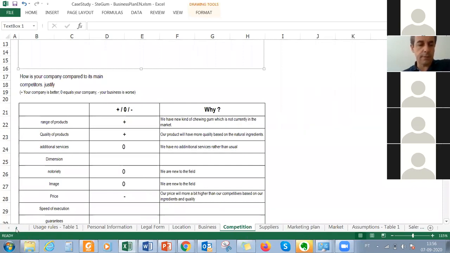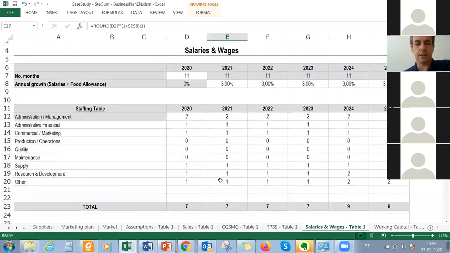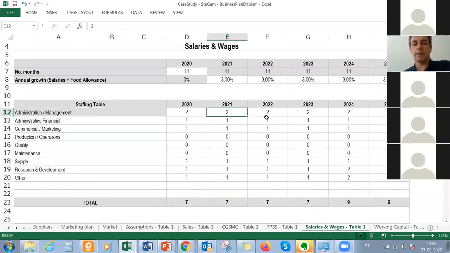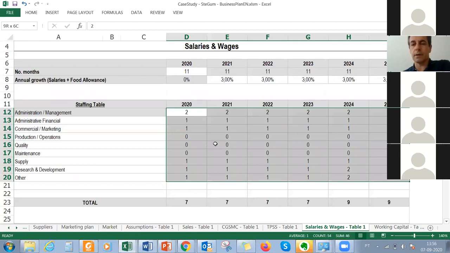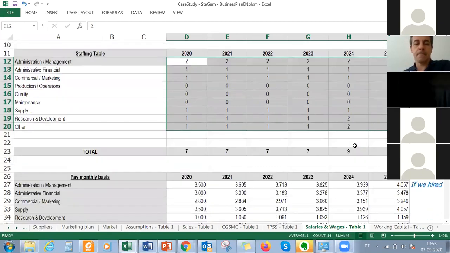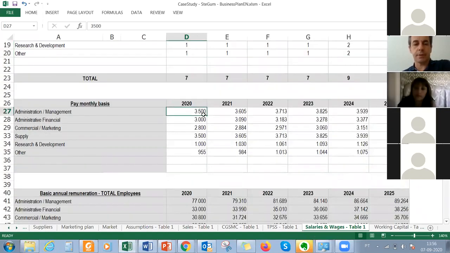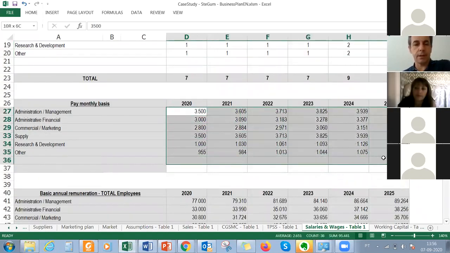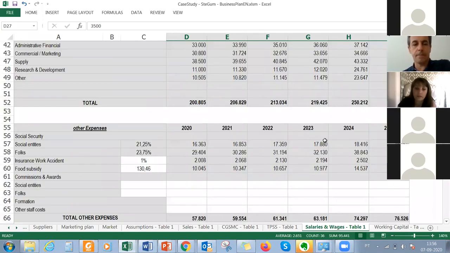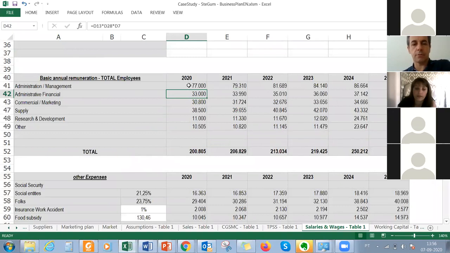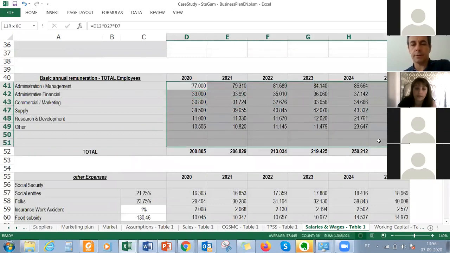Let's see what they have done in terms of salaries. They estimate what are the numbers of staff they will need for 5-6 years, and what is the cost per year of that staff, and the system did calculate the totals.